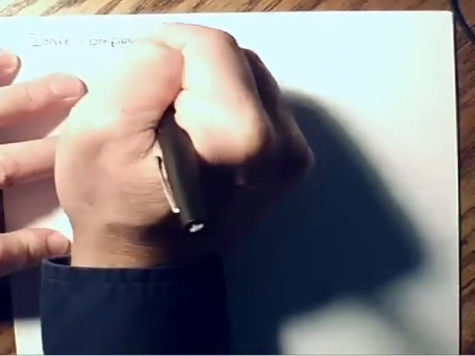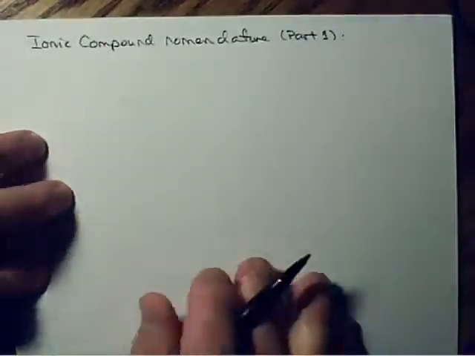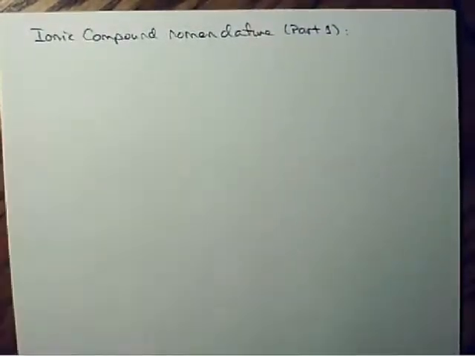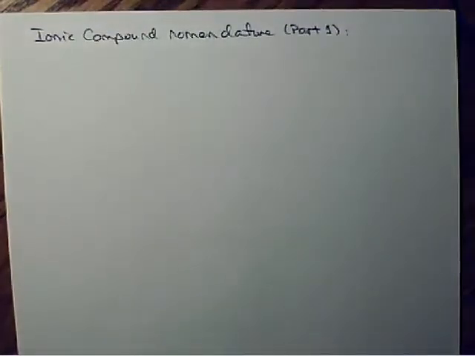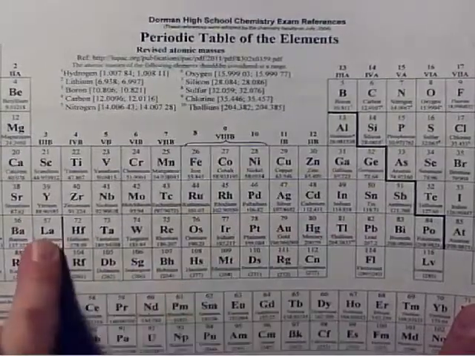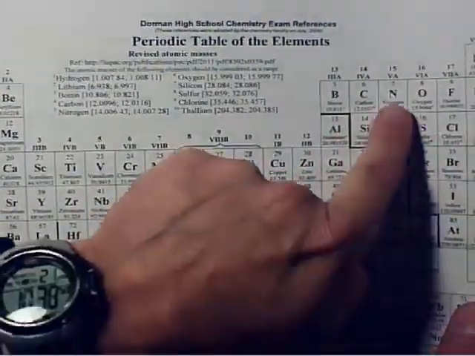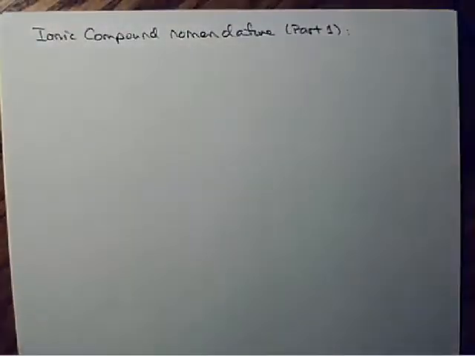All right, let's look at nomenclature for ionic compounds. All right, let's remind ourselves about where the metals and nonmetals are located. On the periodic table, metals are on the left side of this stair step, nonmetals on the right side. Okay?